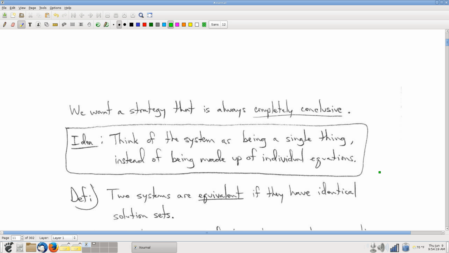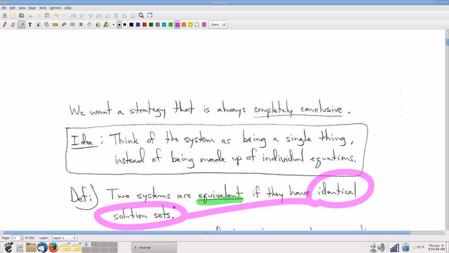Quick definition: if you have two systems, of course, you're going to be given one system, but if another system should be made by some method that we'll get to momentarily, we want to talk about what it means for those systems to be equivalent. This word is going to get used a lot, and we will, in this course, use the word equivalent in reference to systems if they have identical solution sets.